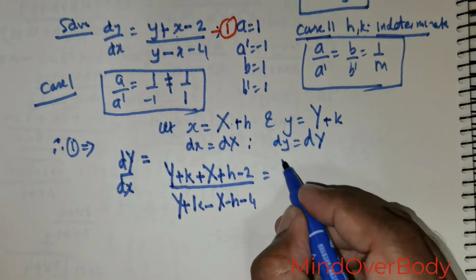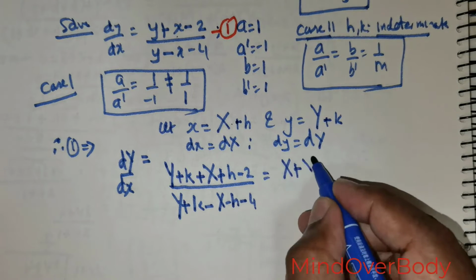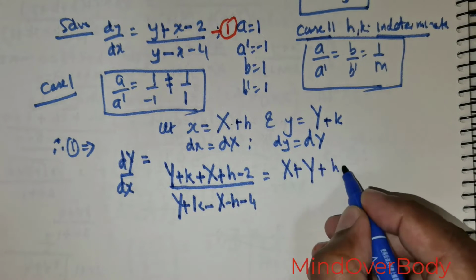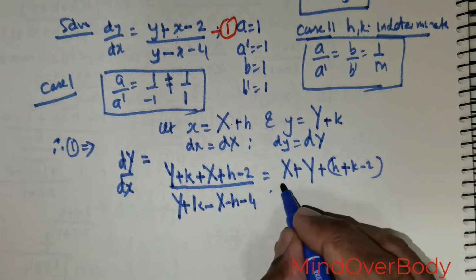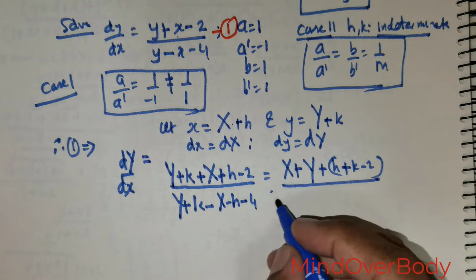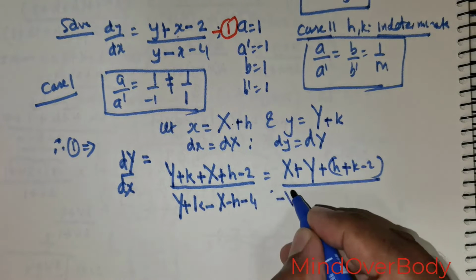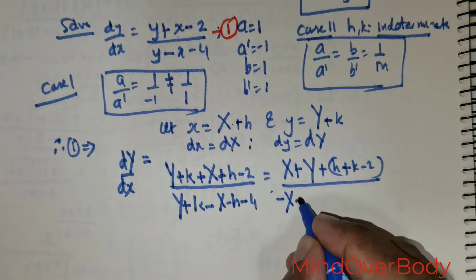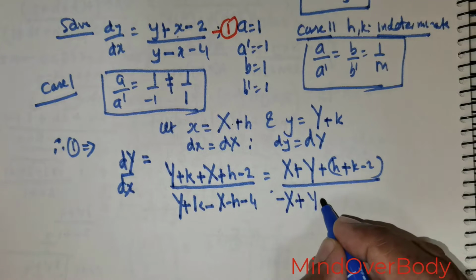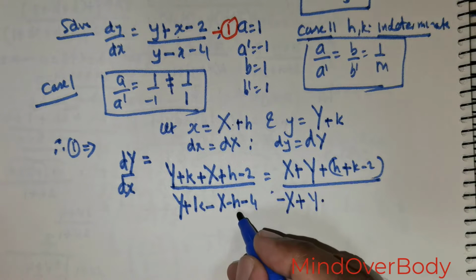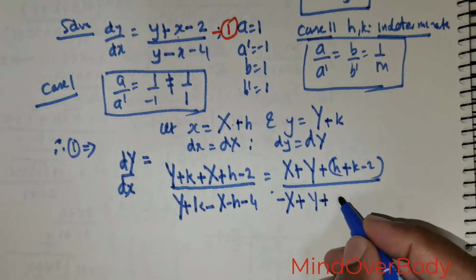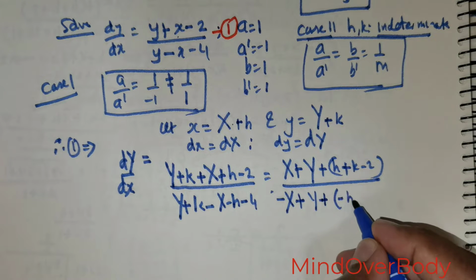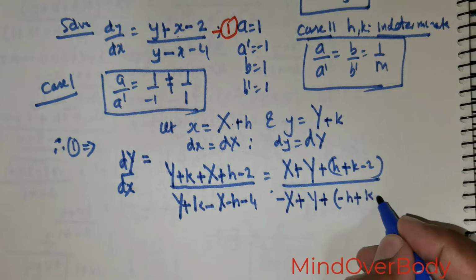I can rewrite this as X plus Y plus h plus k negative 2, divided by negative X plus Y, and we can't run away from that negative sign, followed by negative h plus k negative 4.